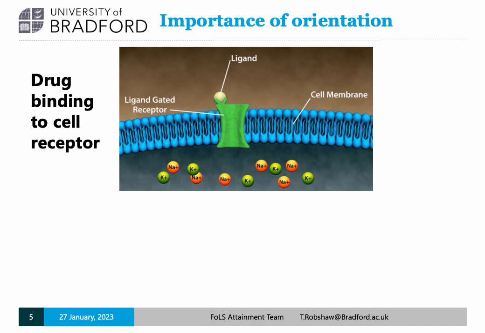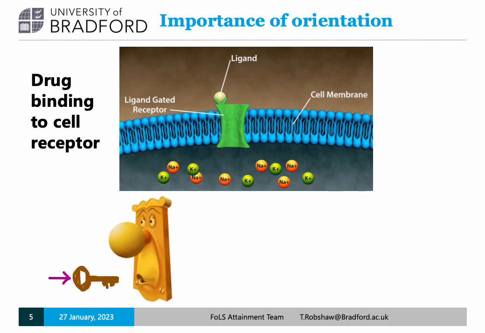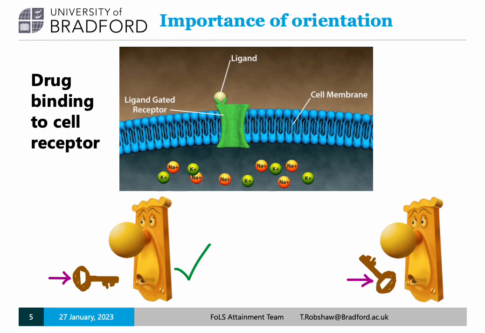For the reaction to happen, of course, the two reactants have to touch, but they also have to touch in what's called the correct orientation, or in plain English, they have to be facing the right way. So if the drug molecule bumps into the receptor with its reactive functional group facing away from the receptor, then nothing's going to happen.